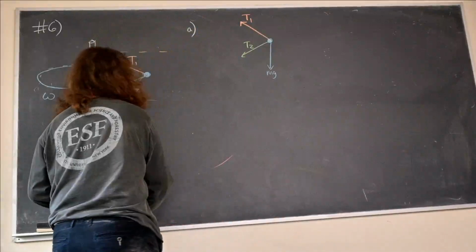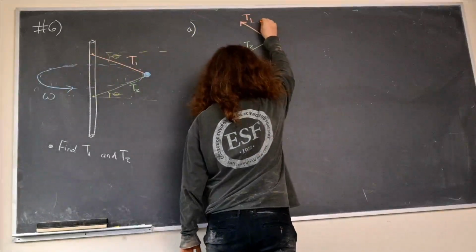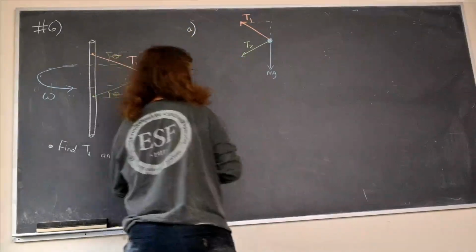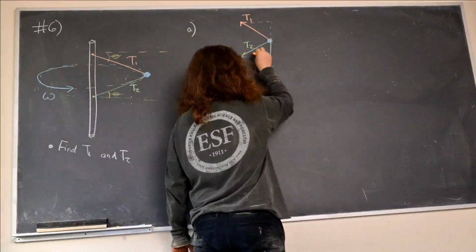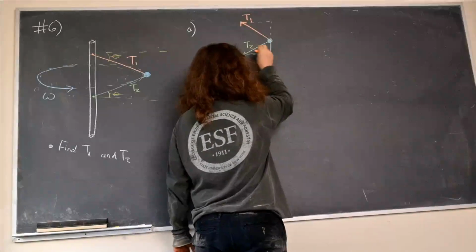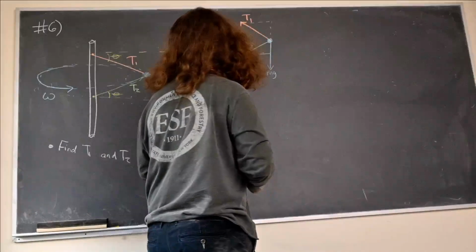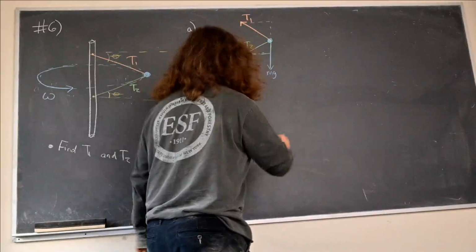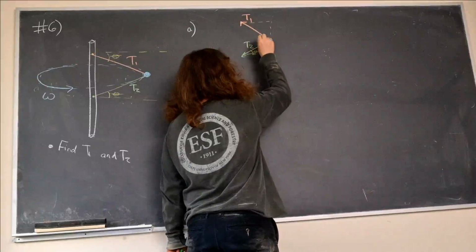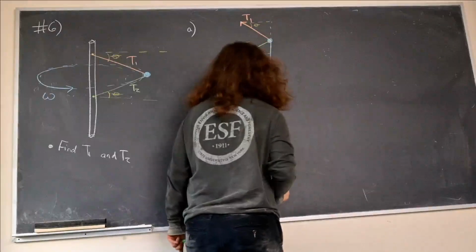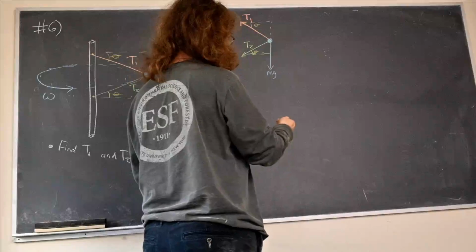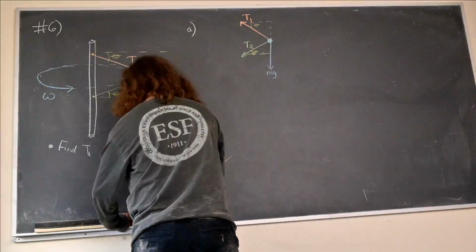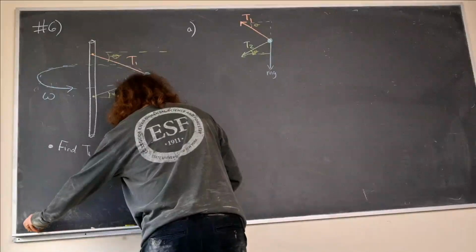Now we're going to need to do a bit of trig. The angles we know are the angles with the horizontal. So I'm just going to draw the components in purple.